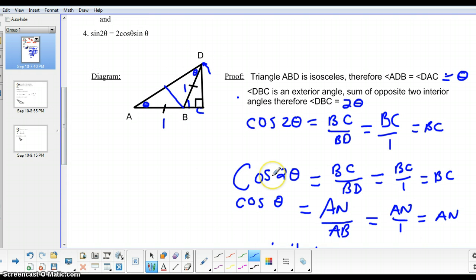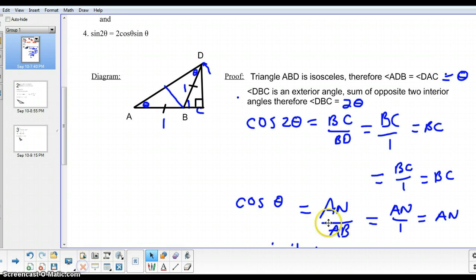Here we can look at cosine theta. And we can also make a similar argument. Let's go ahead and move that up.